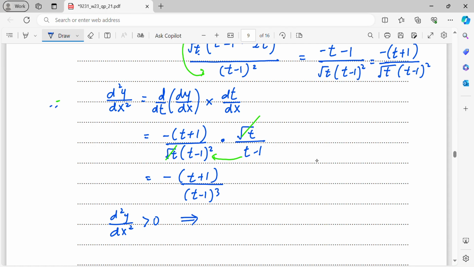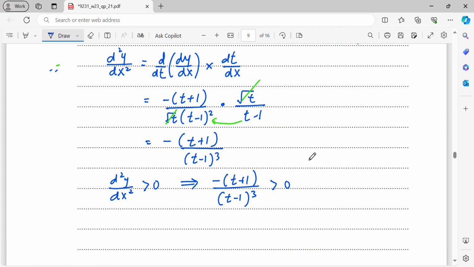That means negative of (t + 1) over (t - 1) cubed greater than 0. But there is a negative here. So when you divide the whole inequality by negative 1, you should change the inequality sign, which means now we are solving (t + 1) over (t - 1) cubed less than 0.